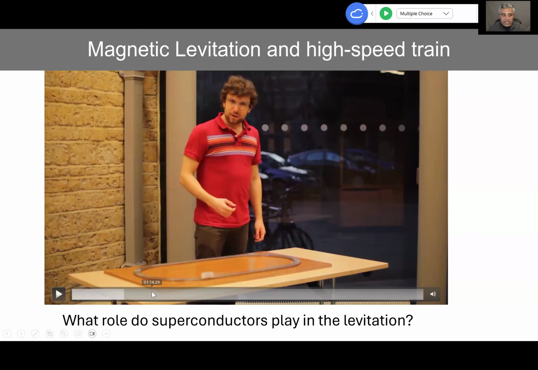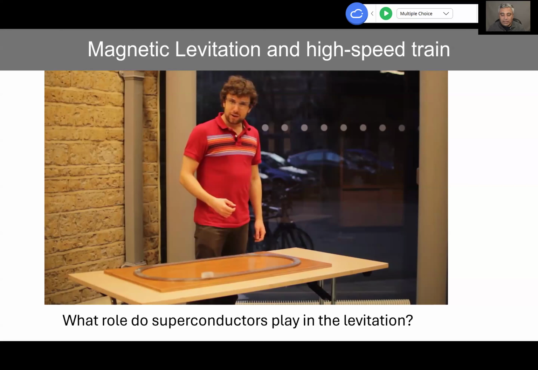So that was the high-speed train. Their track has to be magnetic, and they put this superconducting material in the body of the train and use a lot of liquid nitrogen to keep it cool so that it is a superconductor. We haven't discovered any material that is a superconductor at room temperature.